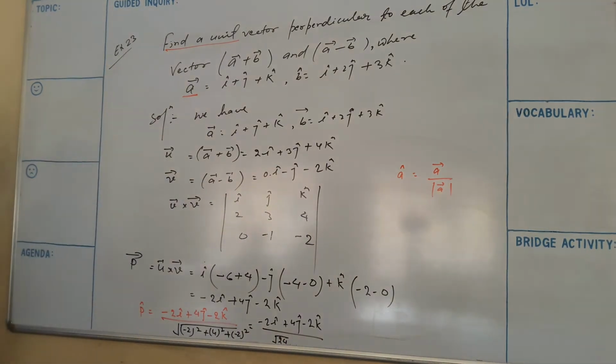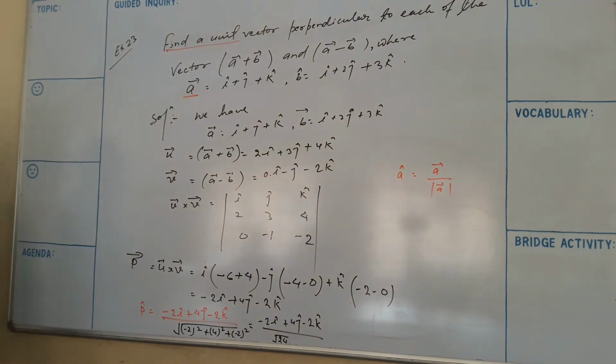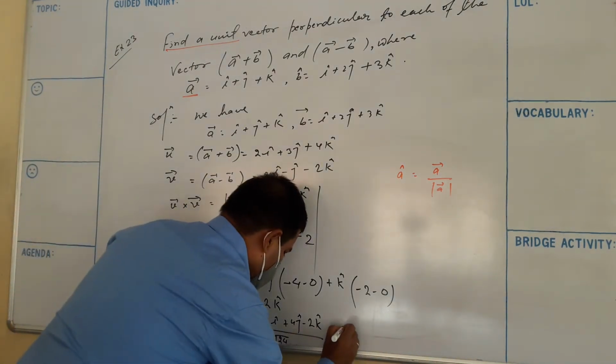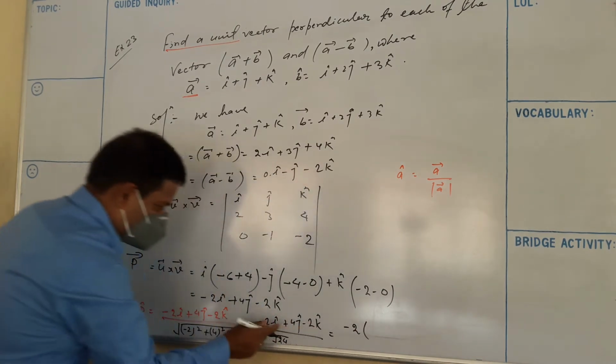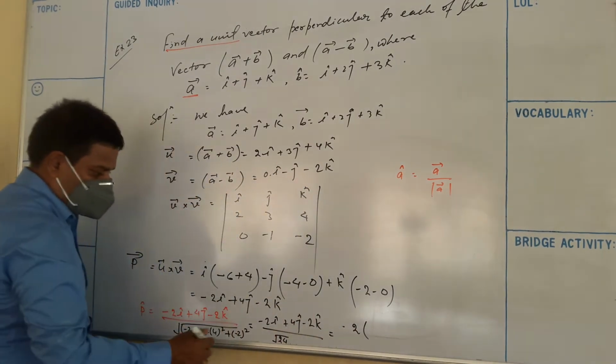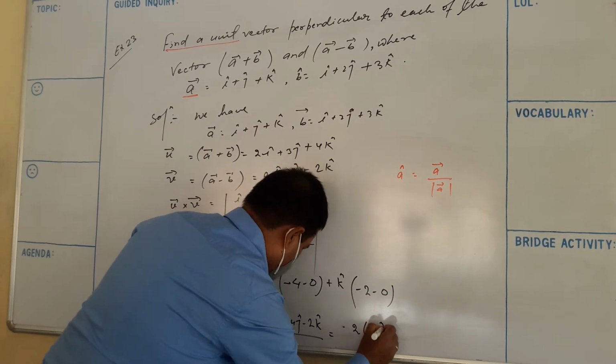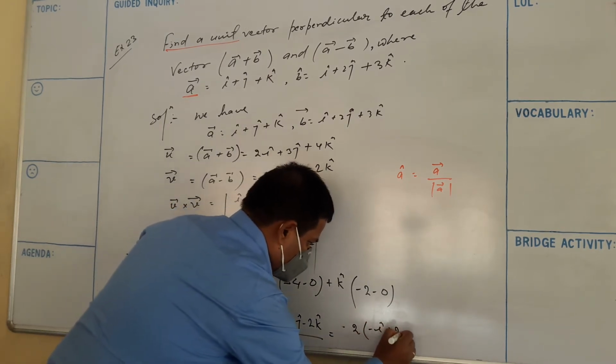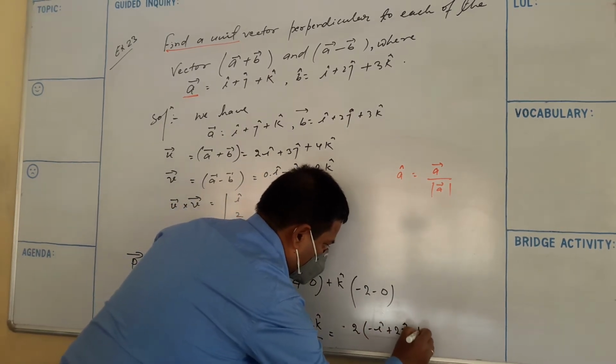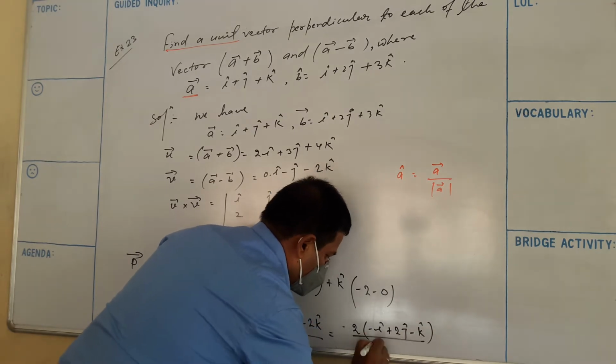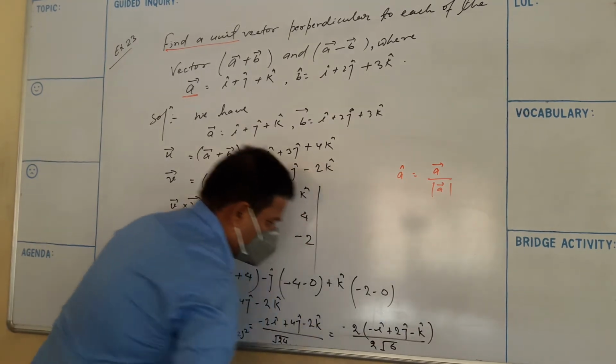Root 24 is root of 6 into 4, so it is 2 root 6. Here 2 is taken out, so it becomes minus i plus 2j minus k divided by 2 root 6.